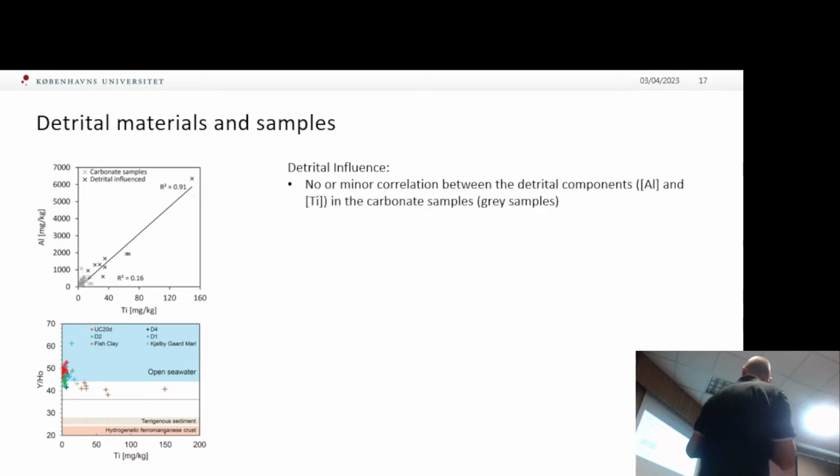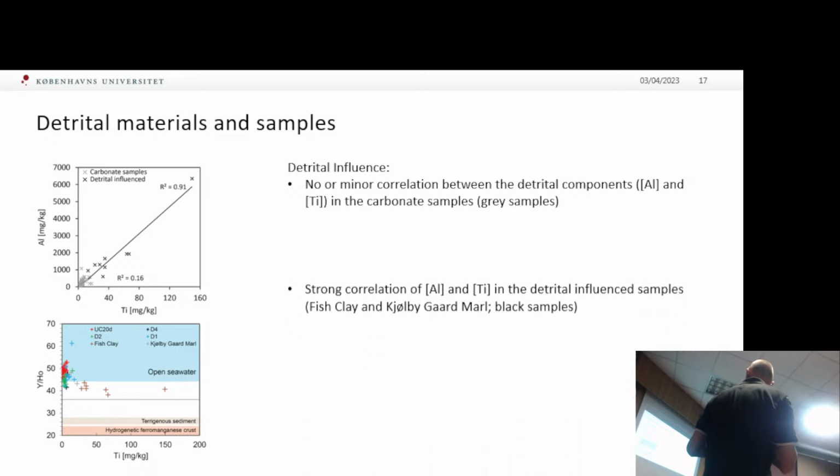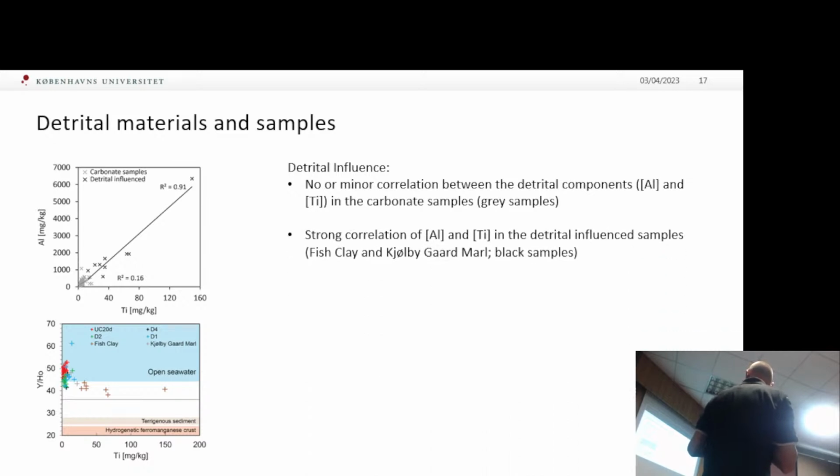So we can see that there's no correlation between aluminium and titanium in carbonate samples, but there's a strong correlation, with a squared regression of 0.9, in the fish clay and in the Cerithium marl.